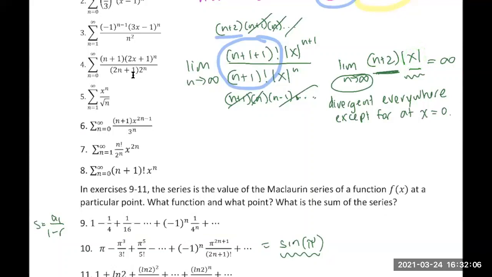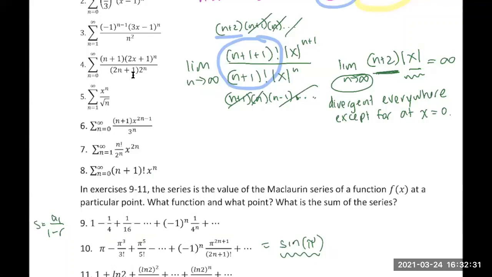The flip side of this type of question is if your term had been x to the n over n plus 1 factorial, it would have resulted in you having absolute value of x over n plus 2, and that limit is 0, and that's the complete opposite of this one, where if it's equal to 0, your answer is it converges for all real numbers.